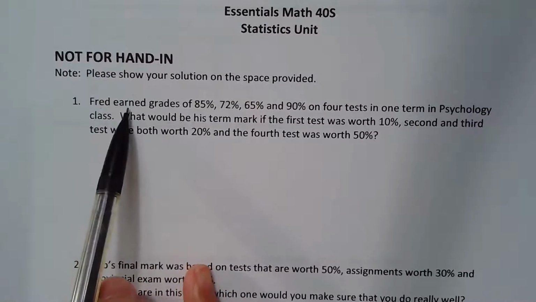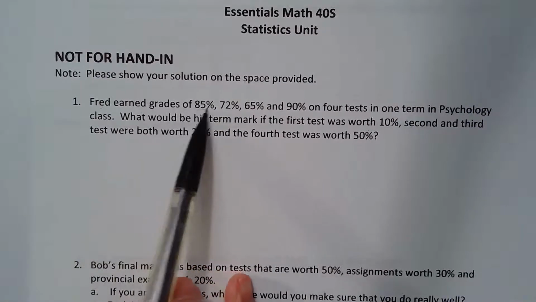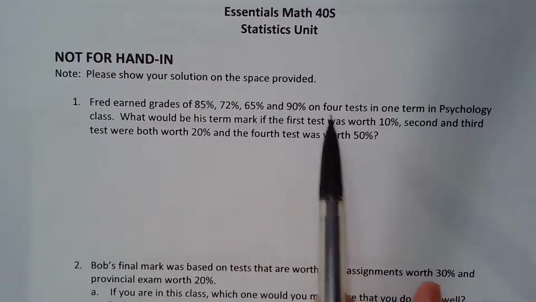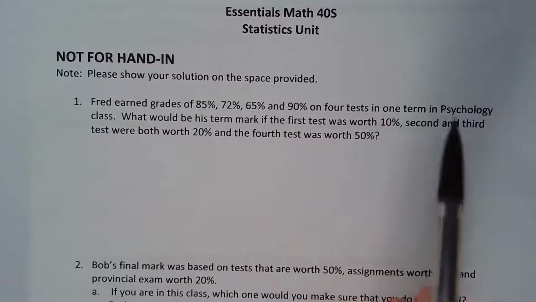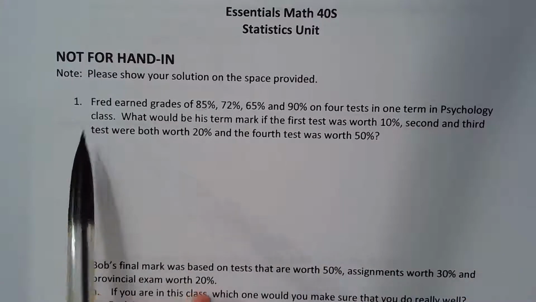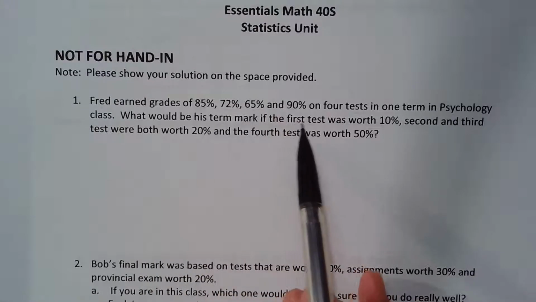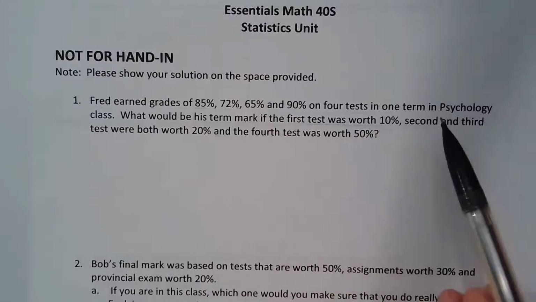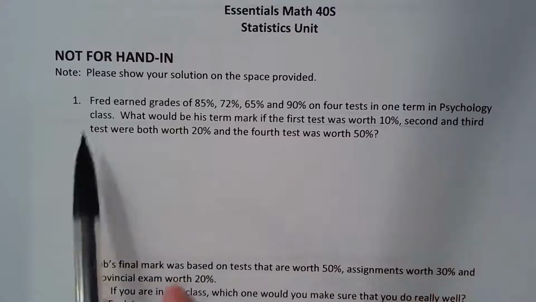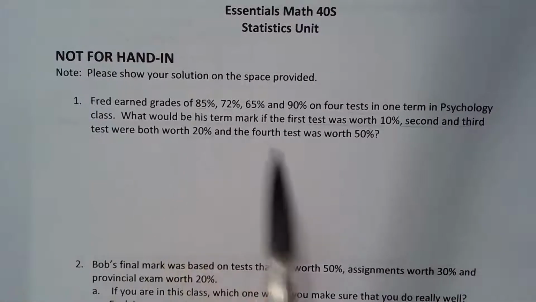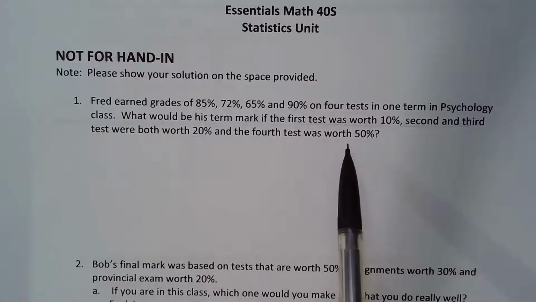So Fred earned grades of 85%, 72, 65, and 90 on four tests in one term in his class. What would be his term mark if his first test is worth 10%, second and third tests were both worth 20%, and the fourth test was worth 50?